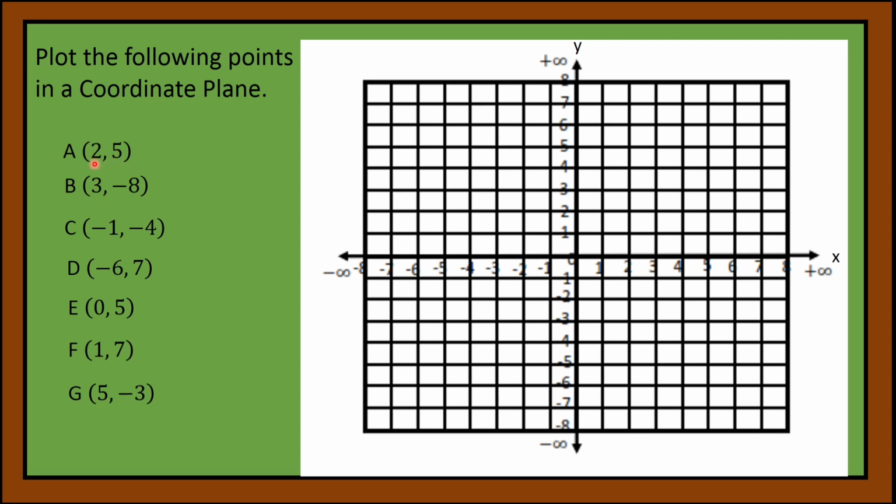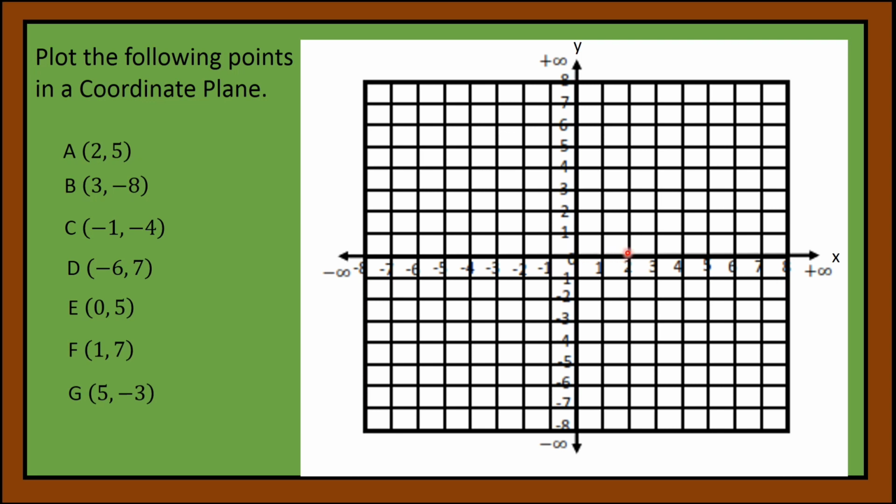By simply looking at their signs, since they are both positive, this point can be found in quadrant 1. Since our x is positive 2, we can locate it from the point of origin going to the right: 1, 2.